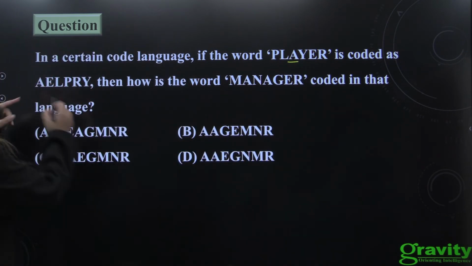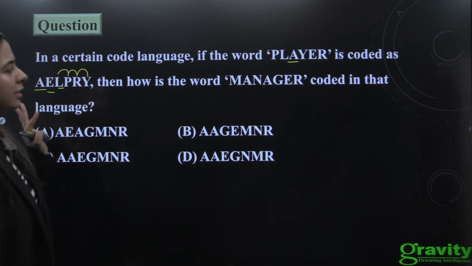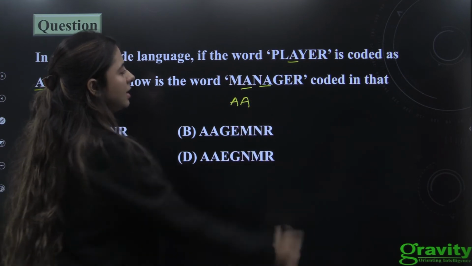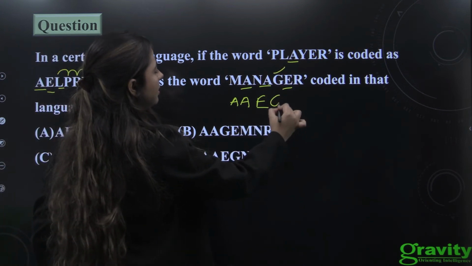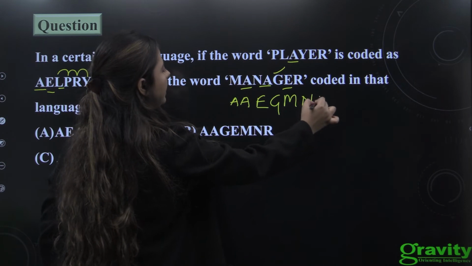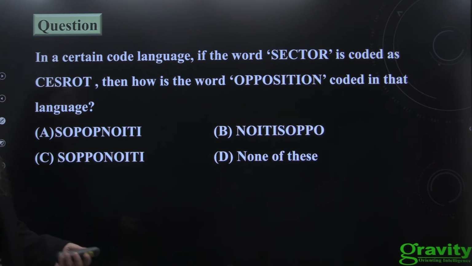Player: A, then E, then comes L, P, R, Y. Just in increasing order. So in manager, A, and then E, then G, M, N, R. C. Yes, ma'am. Okay, moving on.